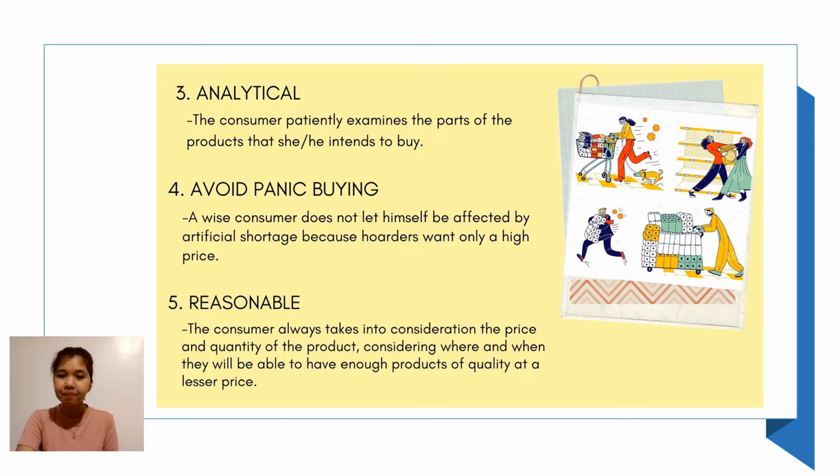A lot of people went to the mall to buy products that they would stock at home. So in that way, we must avoid panic buying because sellers are likely to change the price to a very high price because they know there are a lot of people who will buy those products.